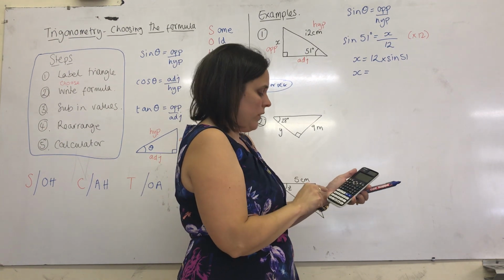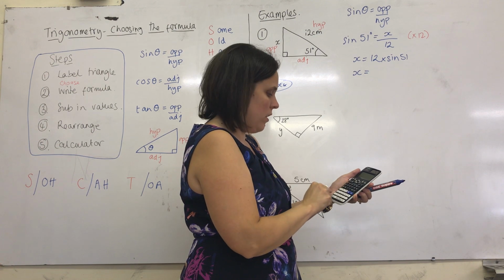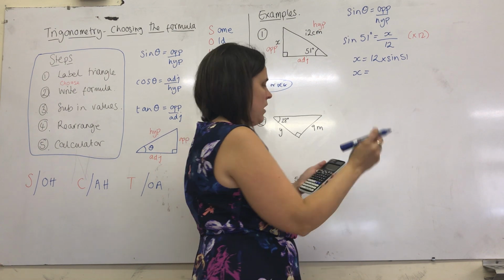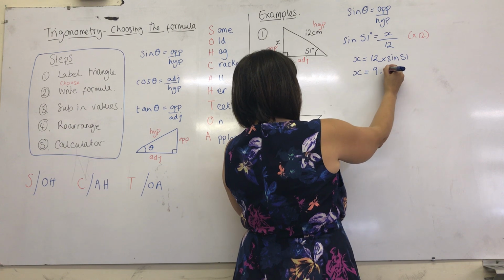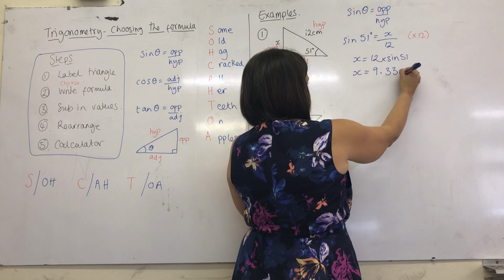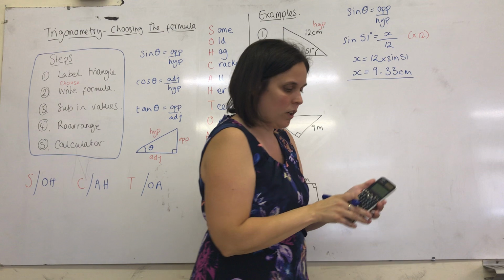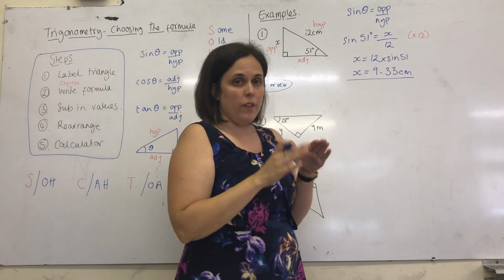So, checking all of that, 12 times sine 51 is, to three significant figures, 9.33, and it's centimetres, okay? Everything else remains the same.